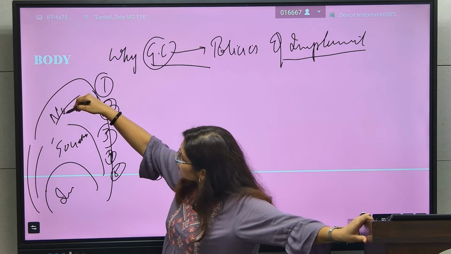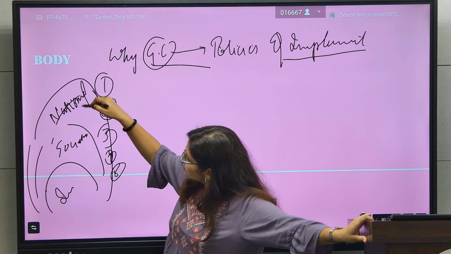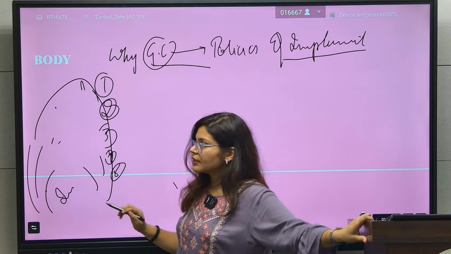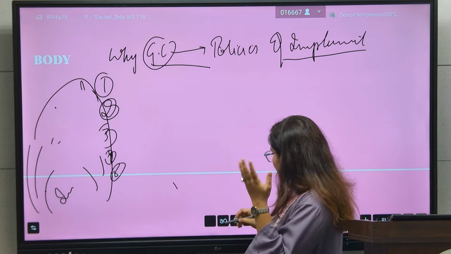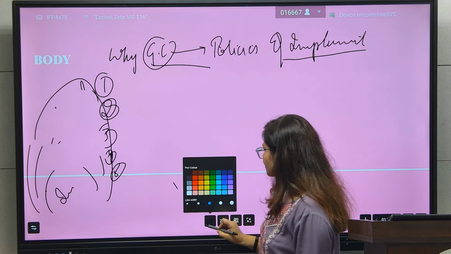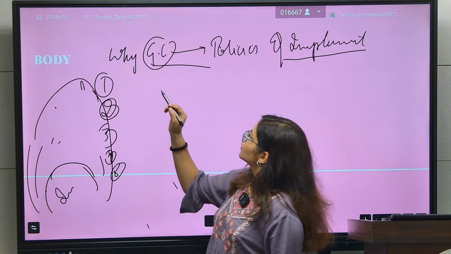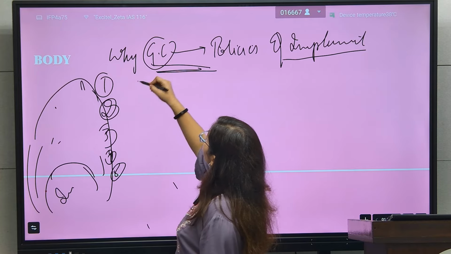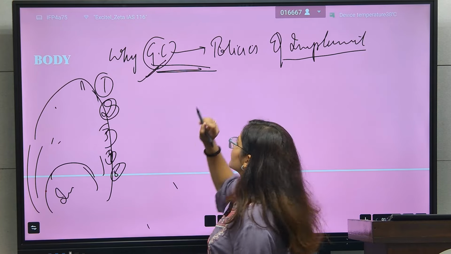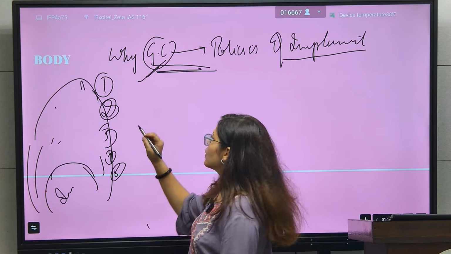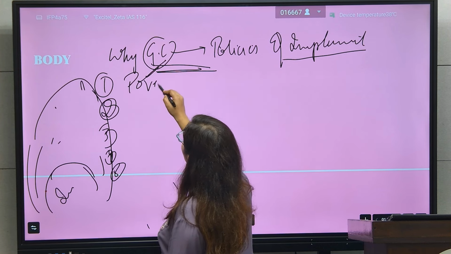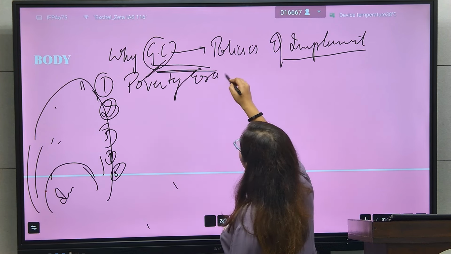At the national level. So in this way you have to generate your points in your mind. So at the individual level, what is happening due to taking gender concern into account in policy making and implementation? The first point is poverty eradication.